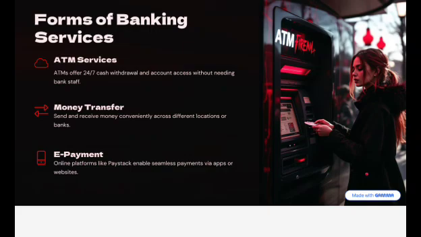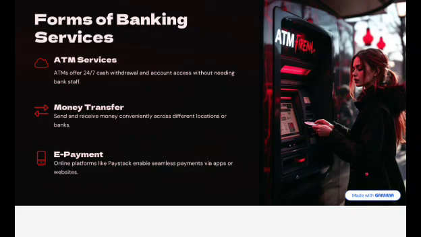For example, instead of waiting in long queues in the banking hall, a student can simply go to an ATM, insert his or her card, and enter their PIN, that is the 4-digit PIN, and withdraw their money for their daily needs without any further delay. ATMs operate 24 hours, 7 days, making banking convenient even during weekends and holidays.